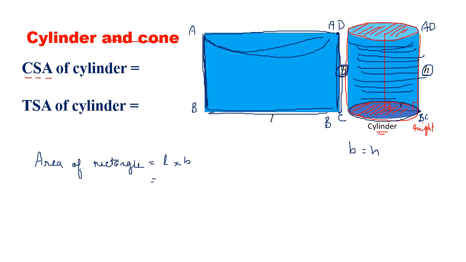When I folded this, the length became the length of the bottom. But now it has become a circle of radius R. So the circumference of radius R is 2 pi R. So L has become 2 pi R, and B has become H.